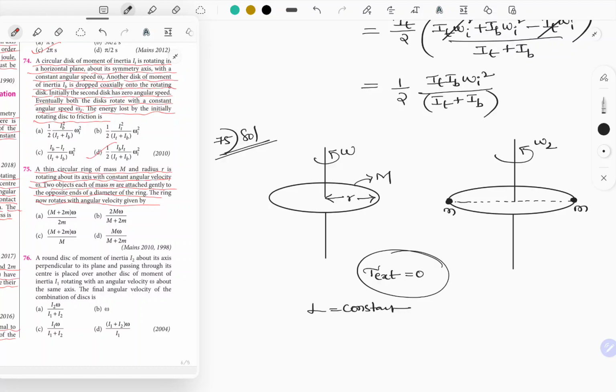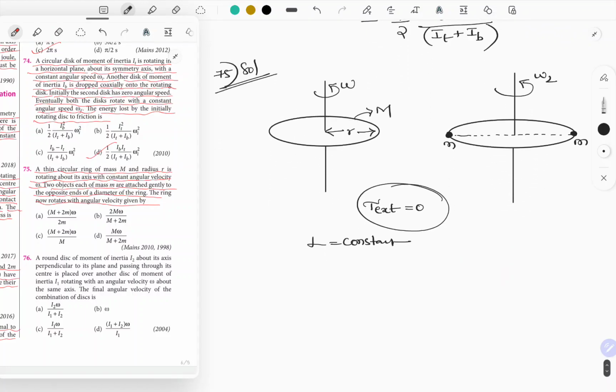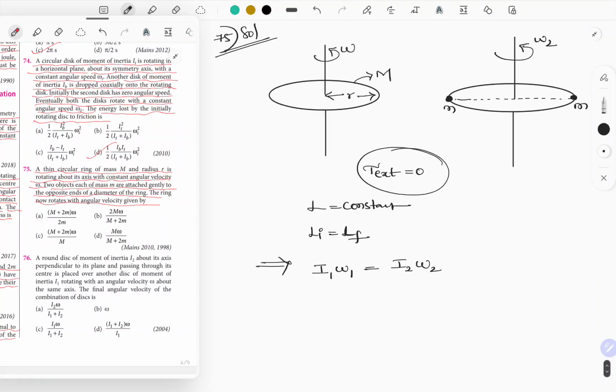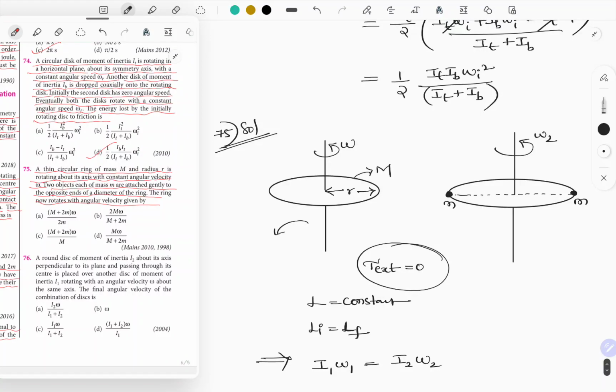If angular momentum is constant, initial angular momentum is equal to final angular momentum. So initial angular momentum is I1 omega 1. Final angular momentum is I2 omega 2.